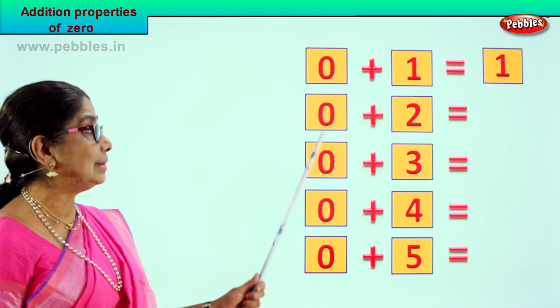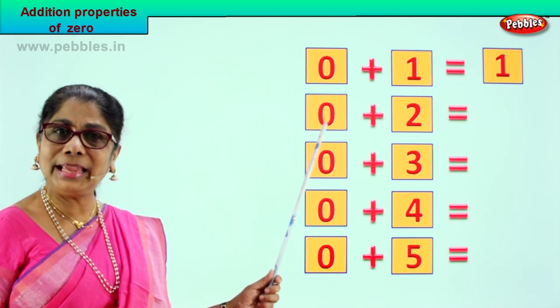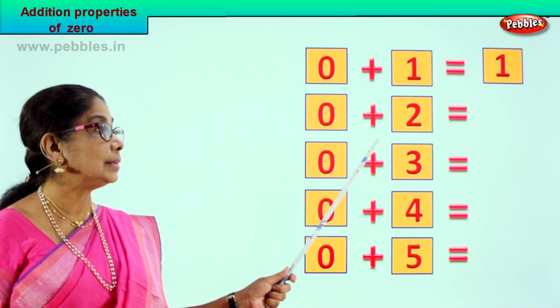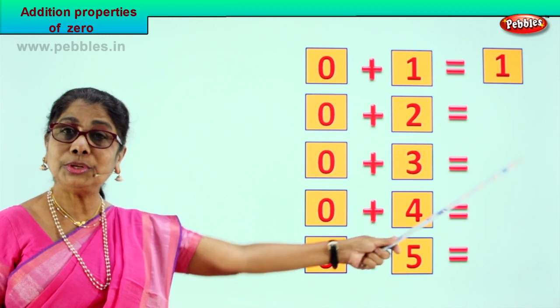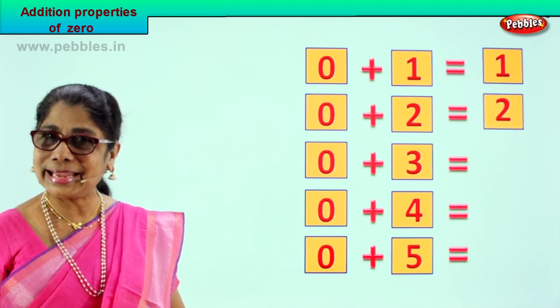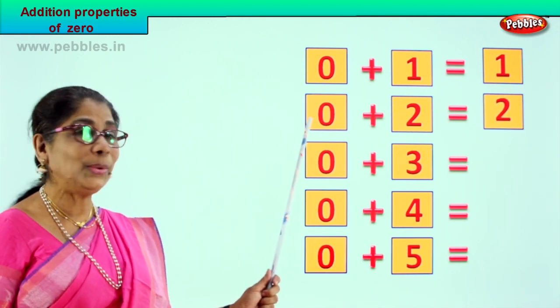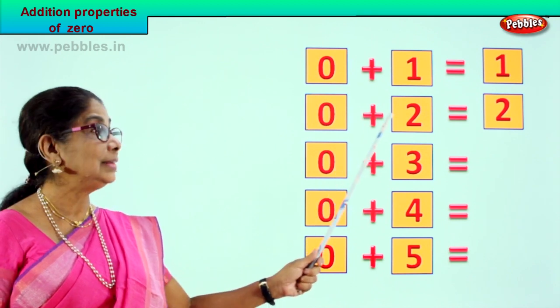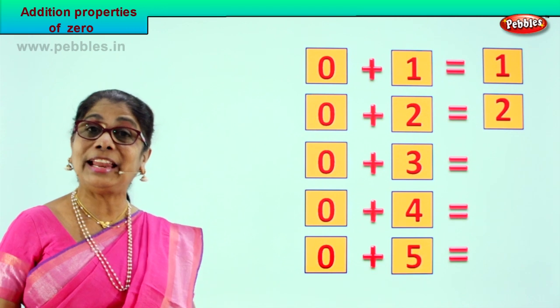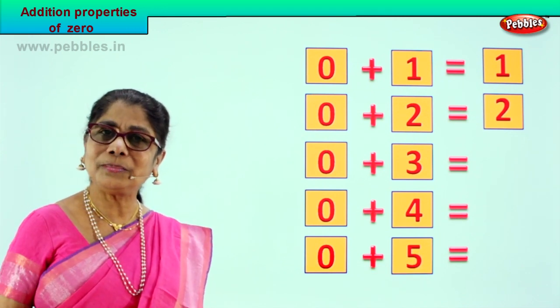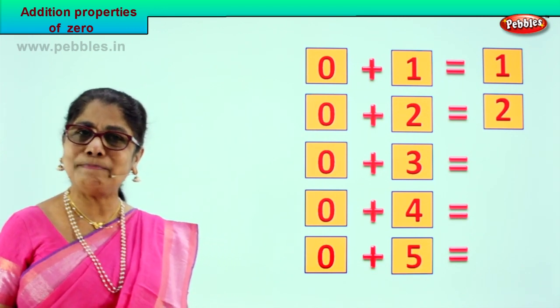Let's take the second one. 0 plus 2 is equal to 2 itself. Read it again. 0 plus 2 is equal to 2 itself. Very good. Let's go to the next number.